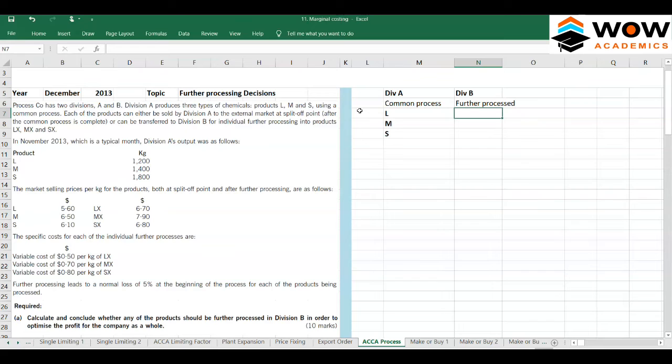Once processed, they are called LX, MX, SX.